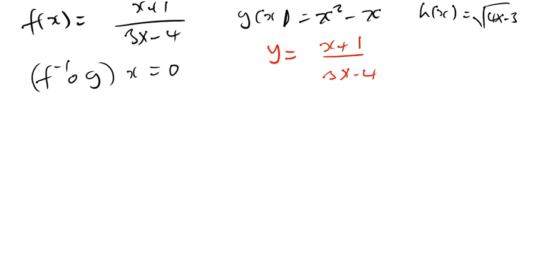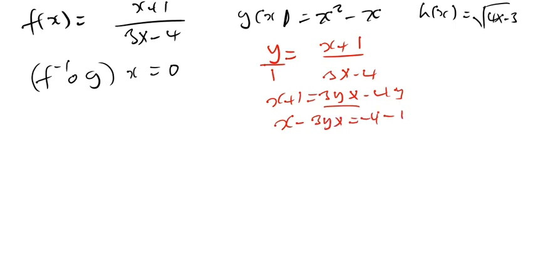Then you make x the subject of the formula. If I cross multiply, I'll have x plus 1 is equal to 3yx minus 4y. Shift this to the other side: x minus 3yx is equal to negative 4y minus 1. Factor out x, so it will be x times 1 minus 3y is equal to negative 4y minus 1.